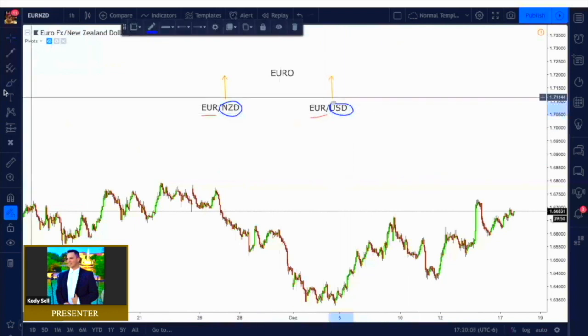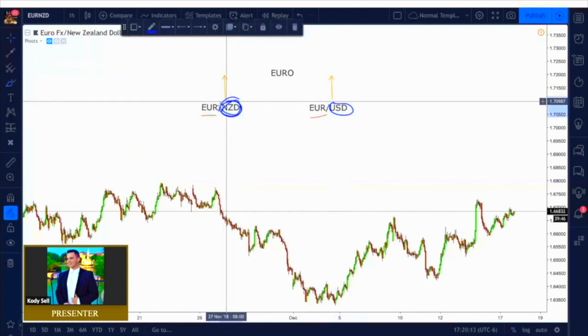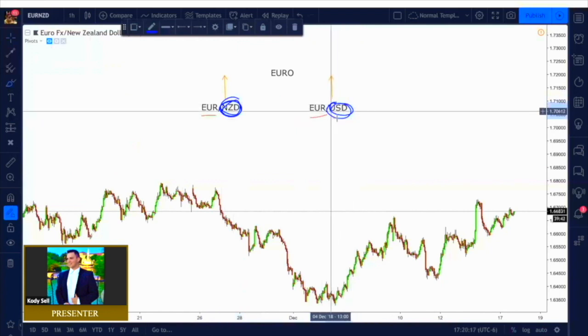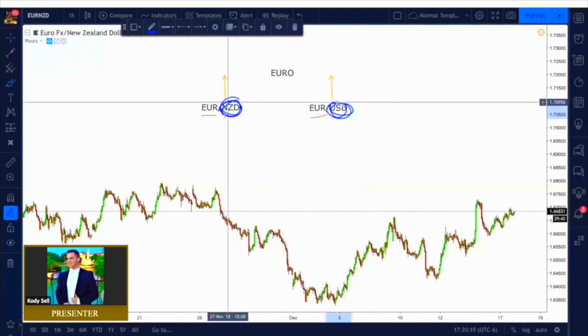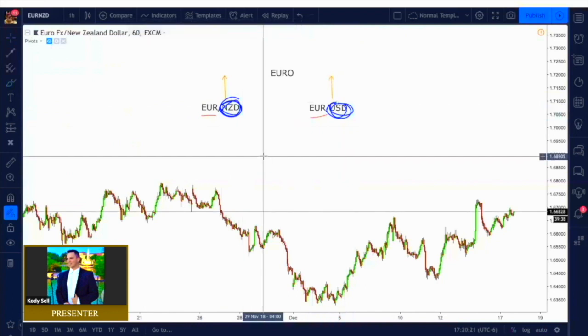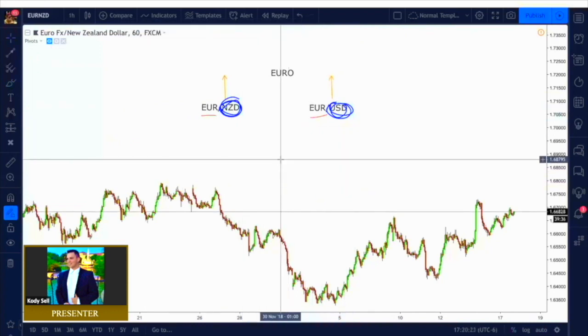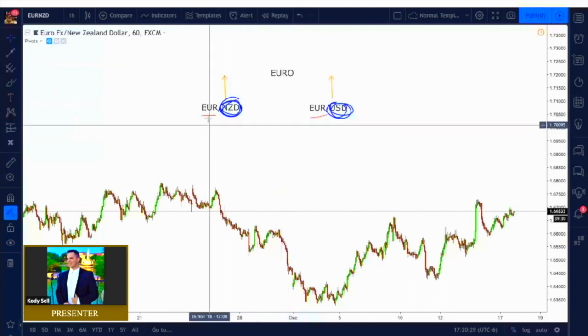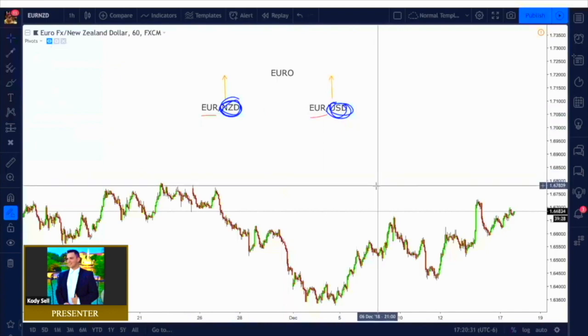NFP is not going to directly affect the New Zealand currency. So we'd see Euro USD make a move that won't be mimicked on Euro New Zealand, and that's why that happens. But as you saw from looking at that, most of the time you're going to see a solid correlation when you have the same currency in two different pairs. All right.